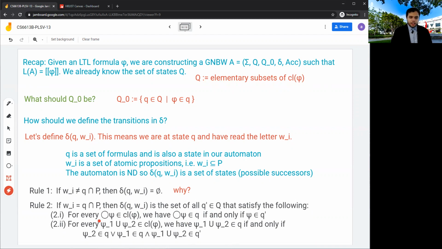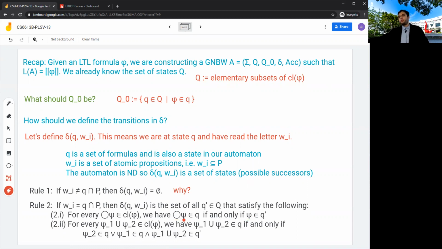Well, let's first look at the case for next. If in the state that I started with, I had a formula of the form next psi, what does this say? This says that in the next state, psi should hold. So Q prime is again a set of formulas, and it should include psi, because I had next psi at the current time.